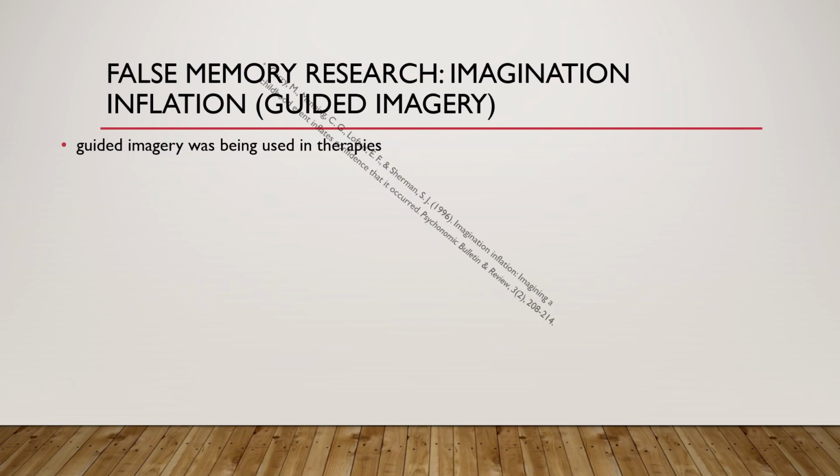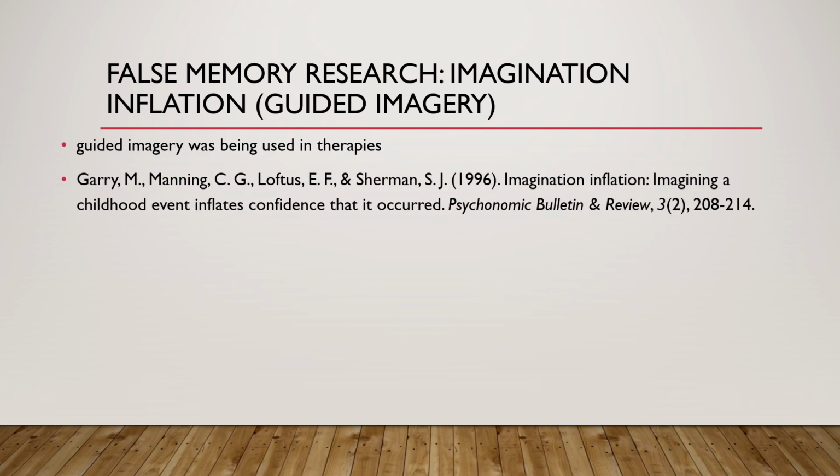So, guided by this, Garry and colleagues did a study on imagination inflation, where they used something similar to guided imagery, where participants were asked to imagine a scene and then to build up details within that scene and to experience it vividly within their minds. And they found that these imaginings helped inflate the confidence that these childhood events actually happened from one point to the next.